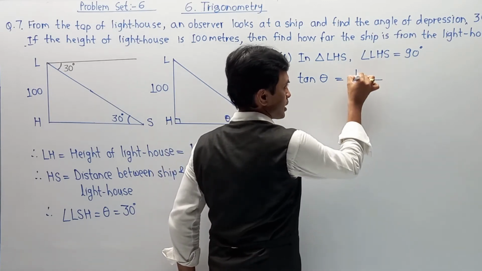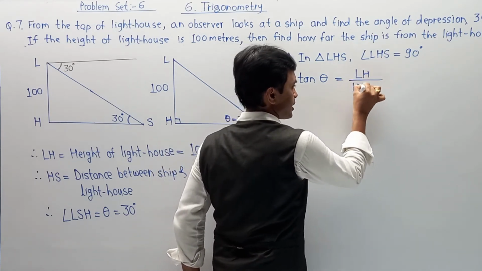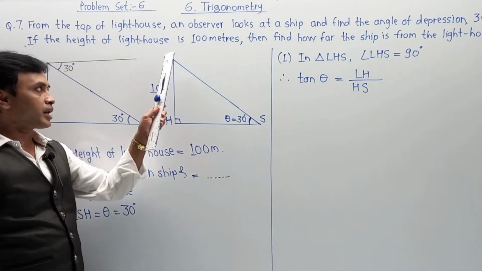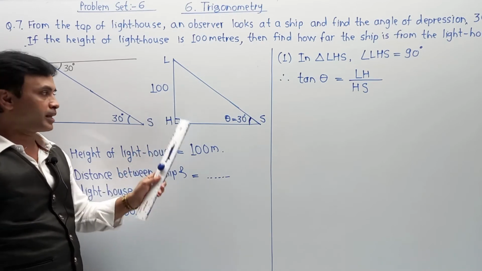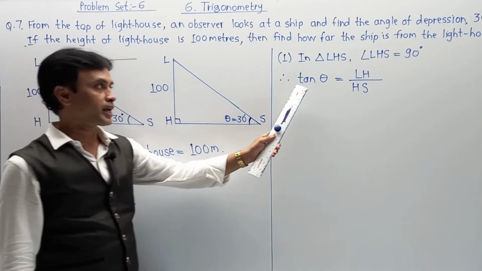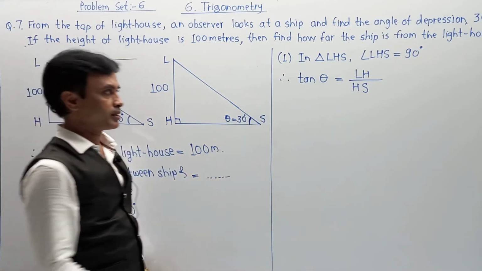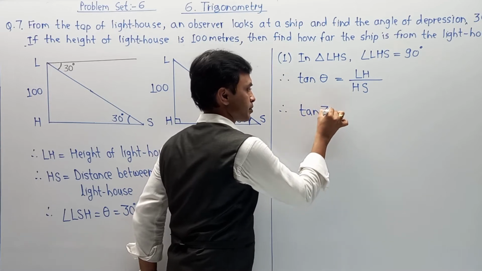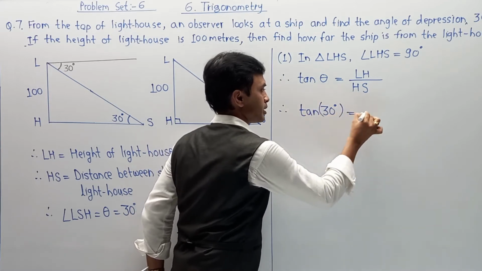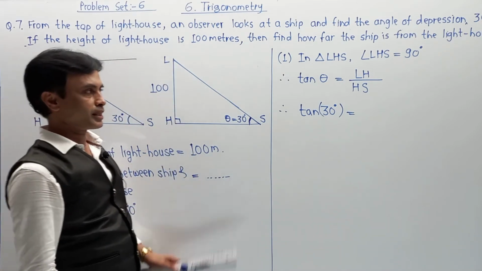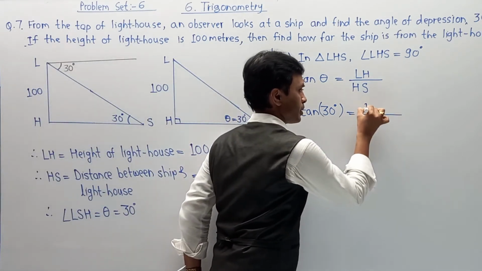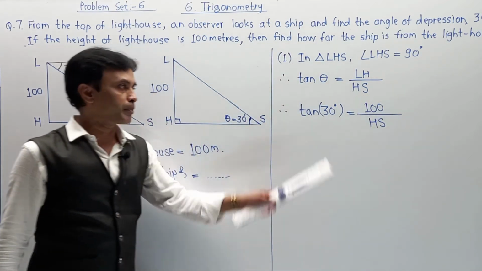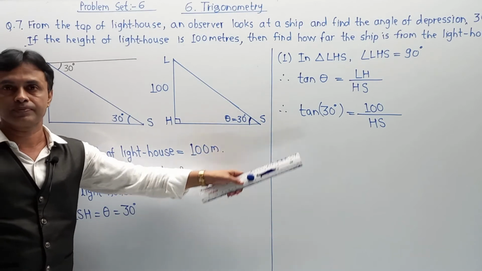Now the value of LH is 100, HS is what we are supposed to find, and this theta is tan 30. So tan 30 degrees is equal to LH, that is 100, so this becomes 100 divided by HS. And up to this step you should be very clear.